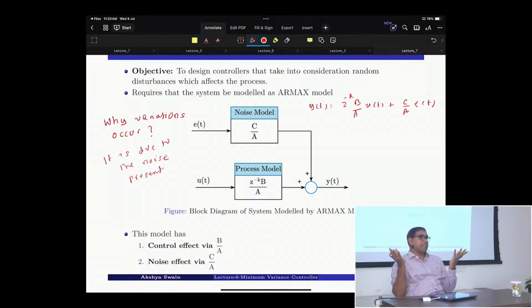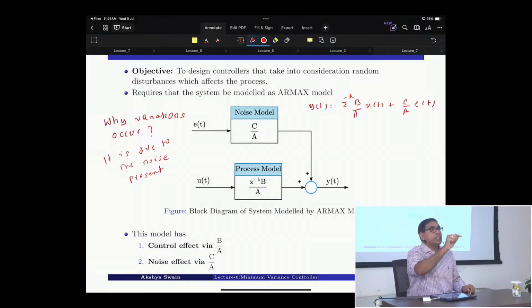If there is no variation, what is the question of minimization? So he questioned why the variations occur, and found that they occur because of the noise. Now let us see the mathematics where it's coming from. He said if the noise is the culprit that creates the problem, let us eliminate it.